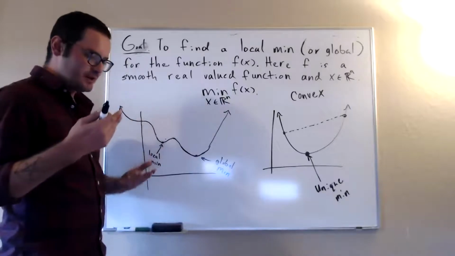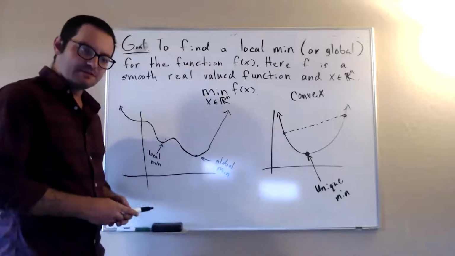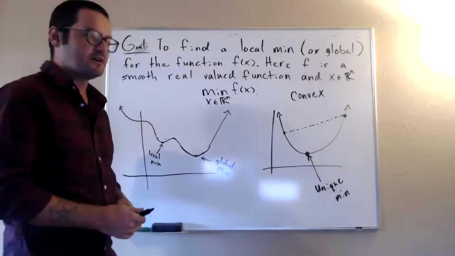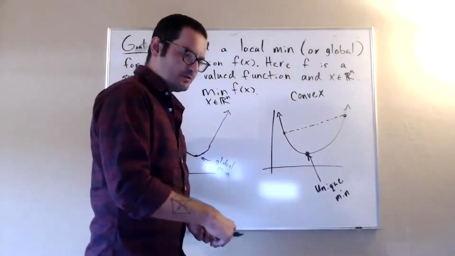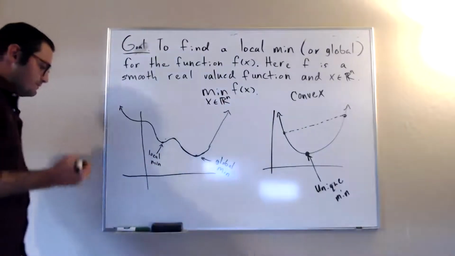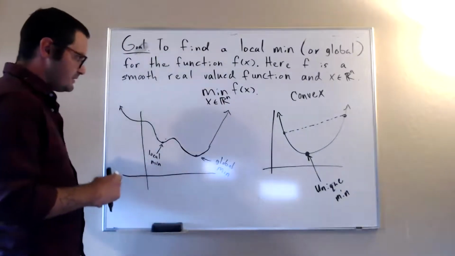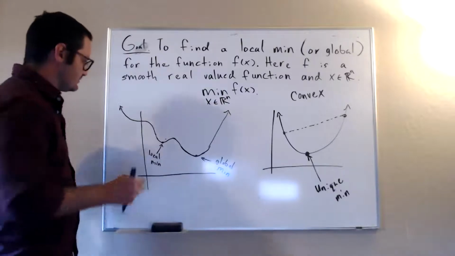If it's pitch black, you're going to use the gradient at the point you're standing on to decide if you lean forward, you're going to go downhill, or if you lean forward, you're going to go uphill. So the way that it works is by making use of the derivatives or the gradient.